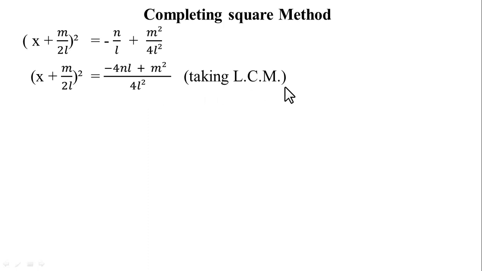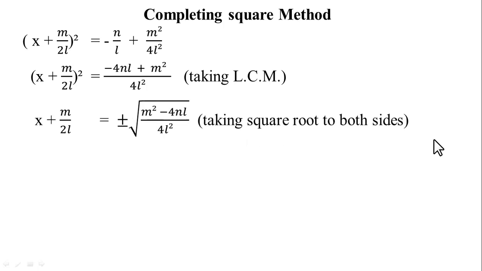Now we take square root on both sides, then square cancels out by square root, so x plus m upon 2L is equal to plus minus the square root of m square minus 4nL divided by 4L square.